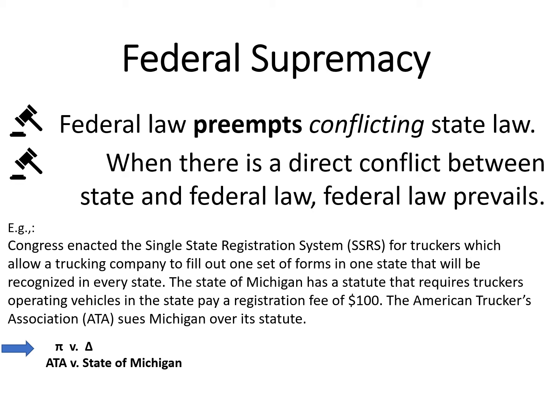Now, it could be the Michigan Transportation Department or some subsidiary who has actually issued this statute or regulation. But since we don't know a lot more about the details, we're going to say the state of Michigan. So if it's the American Truckers Association suing the state of Michigan, alleging that their state law conflicts with federal law, what court would we bring this case in?